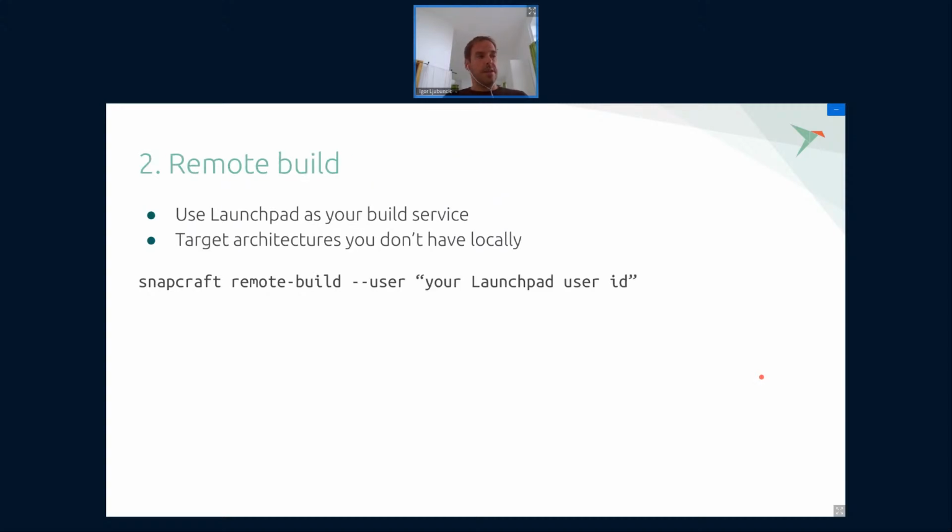Remote build. This was brought up yesterday during our office hour. The question was, is it possible to cross-compile snaps? The answer is no, but. And the but is the option to actually use remote build functionality. You can send your project to Launchpad, and Launchpad will build for 6 different architectures, which you may not have necessarily locally.